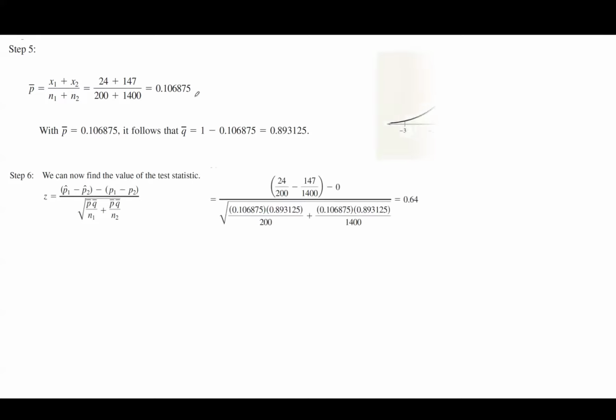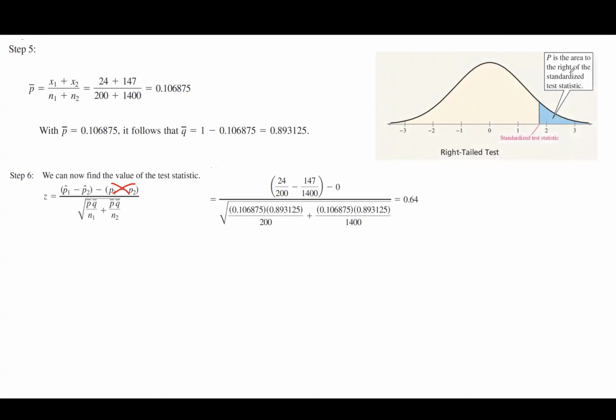This is equal to the difference between sample proportions minus the difference between population proportions, divided by the square root of p bar q bar over n1 plus p bar q bar over n2. This number is 0.64.